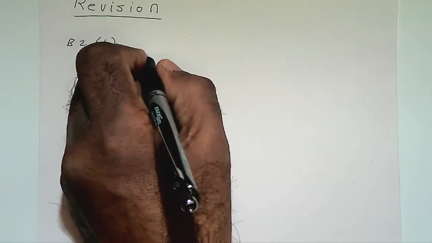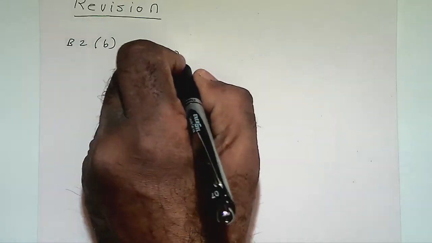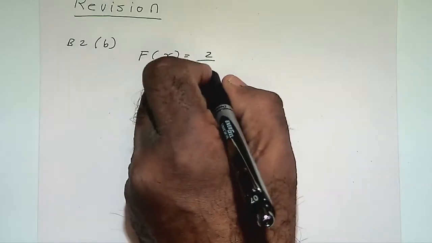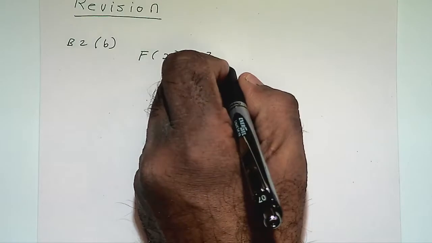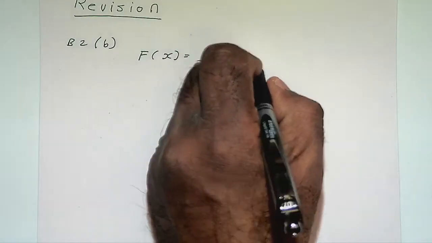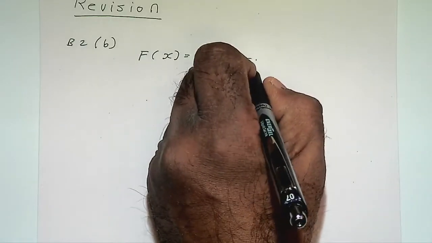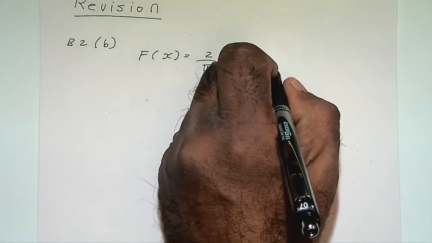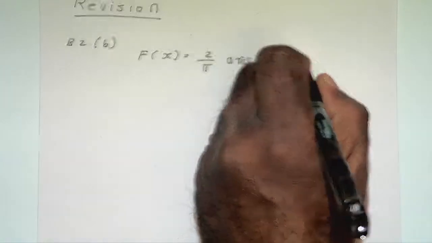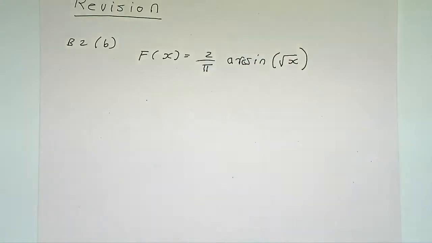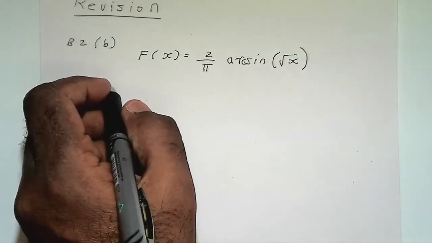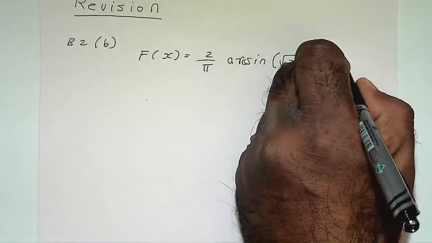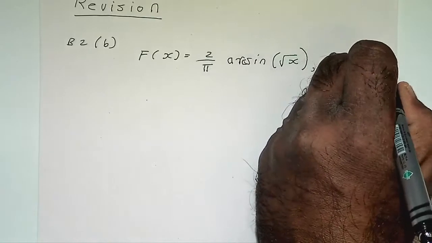You're told that f of x is equal to 2 over pi arcsine of root of x, and you're told that x is between minus and plus infinity.